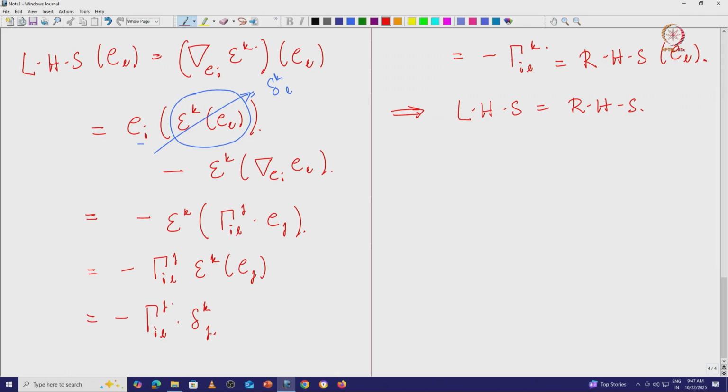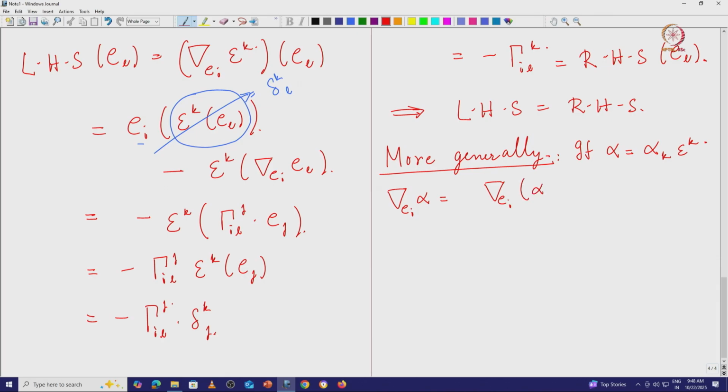All right. So more generally, one can use this formula to calculate what the covariant derivative should look like on forms. So if alpha is given locally as alpha k epsilon k, then the covariant derivative in the direction of EI of alpha is this.